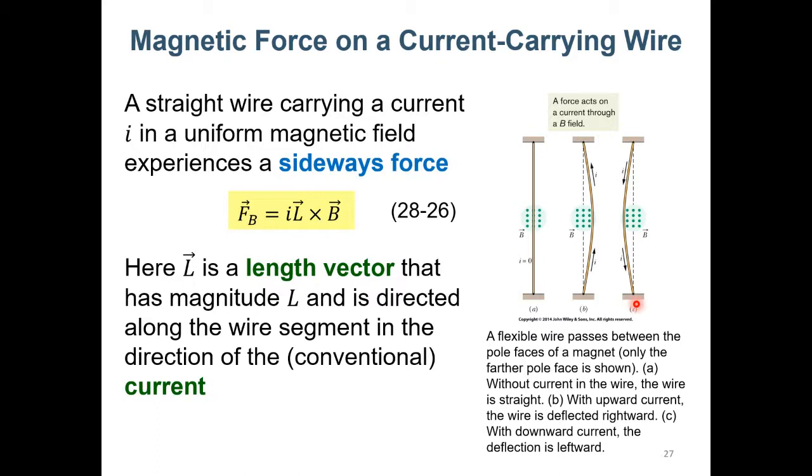For the right side, the current is going down, so L cross B will point to the left, and the wire will bend like this.